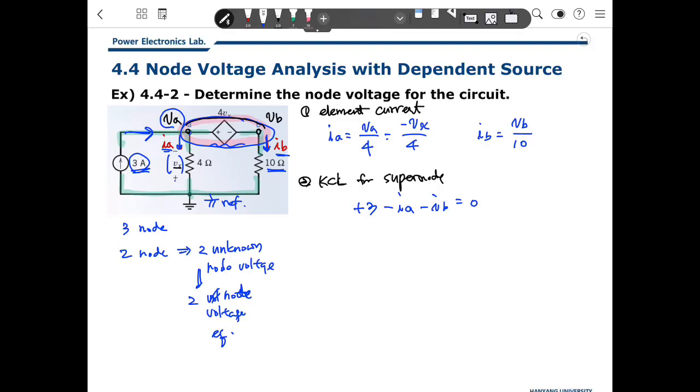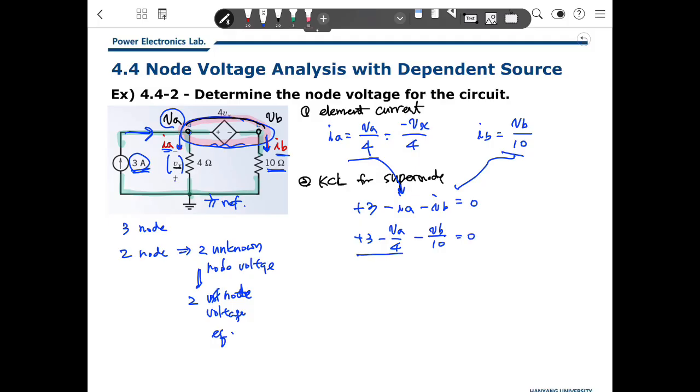I insert those values here, so 3 minus VA divided by 4 minus VB over 10 will be 0.